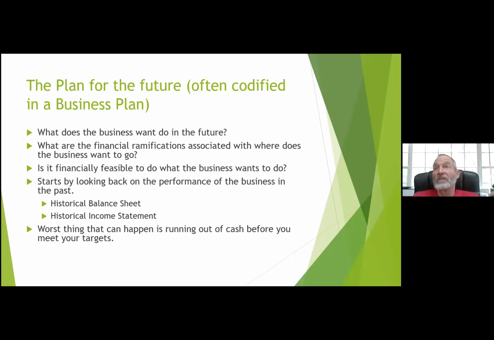In other words, for example, you may have a certain level of sales. If you do sales on account, there's going to be an accounts receivable component. There'll be an inventory component, in order to support the sales that you're looking to do on the income statement. And that's going to have a balance sheet impact.